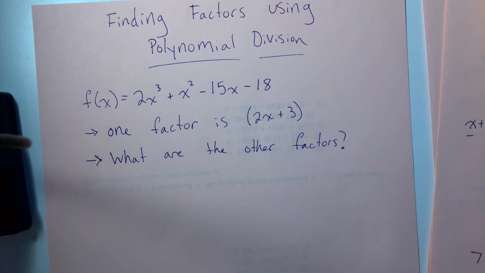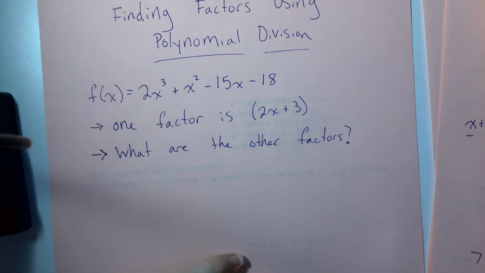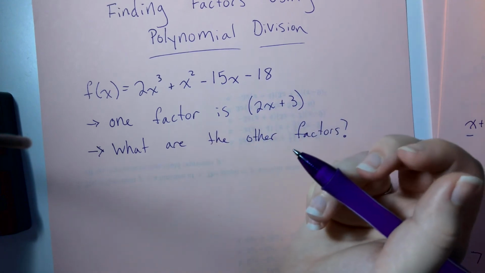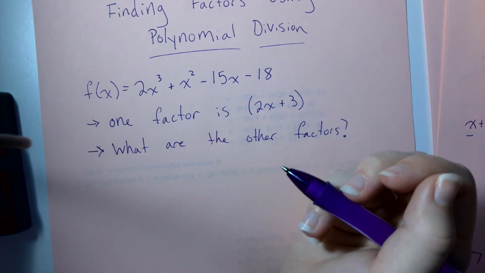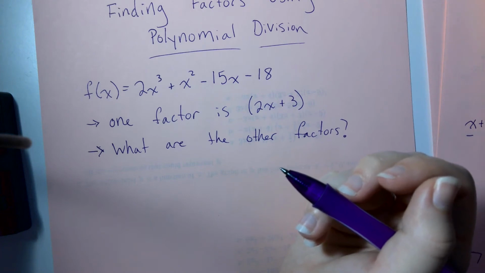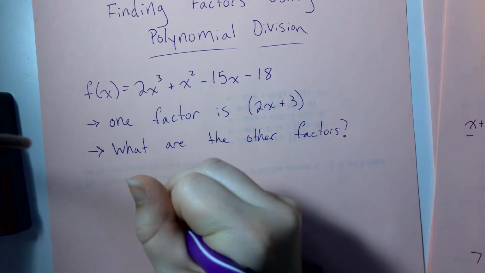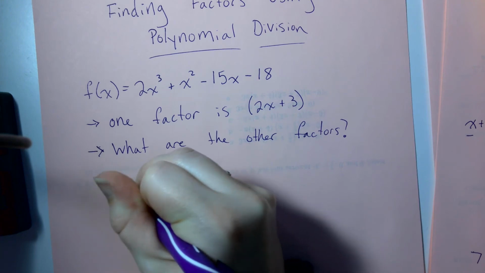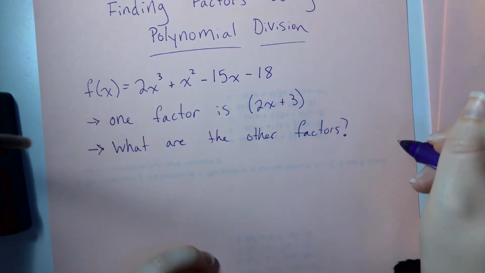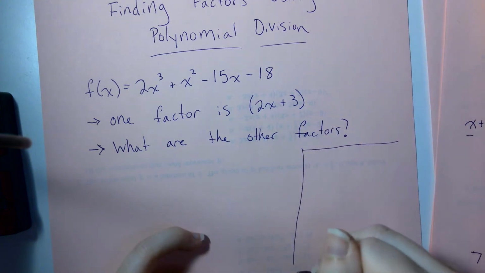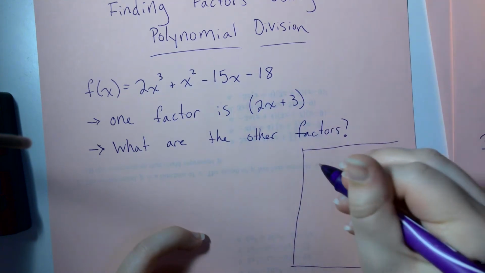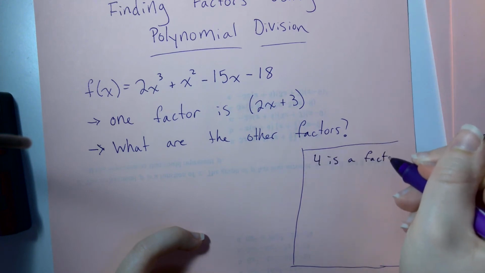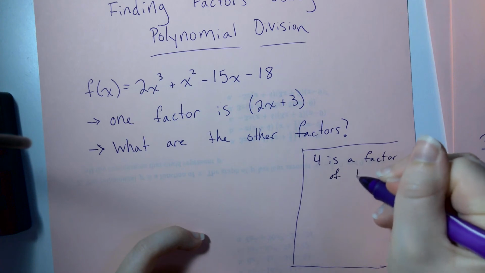So what we can do is, just like we would if we were to say, for example, I know that 4 is a factor of 144.